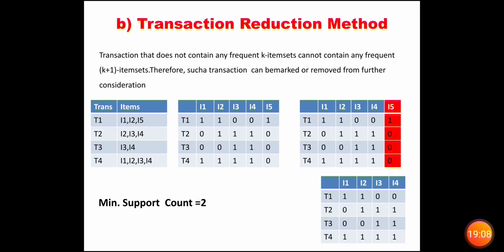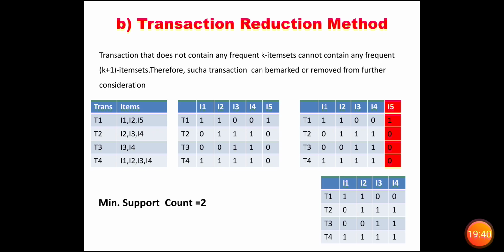For example, I1 in the base table occurred only one time in T1, so it is given 1. I2 occurred only one time in T1. There is no I3 in T1, and there is no I4 in T1, and I5 is available in T1 one time, so 1 is given.